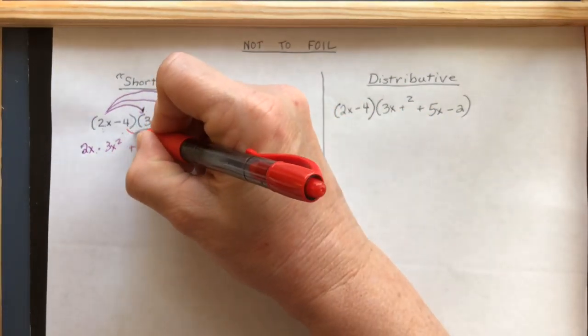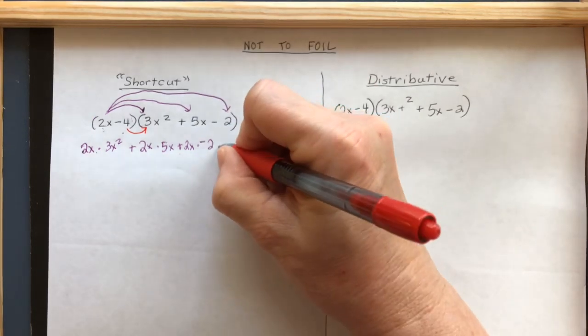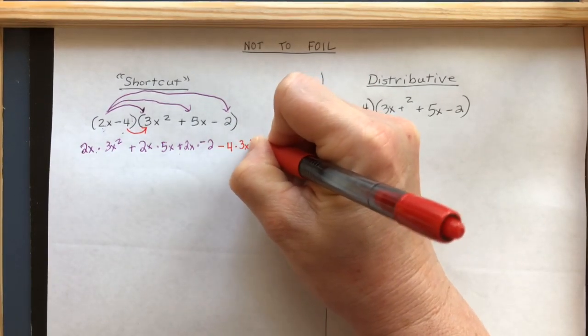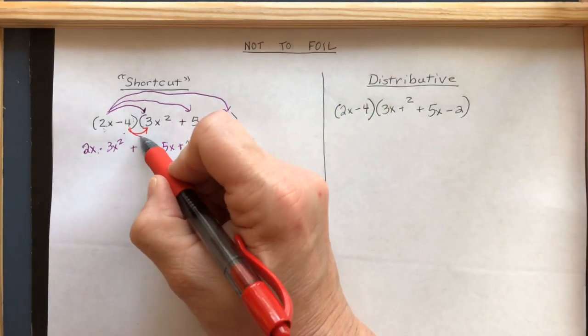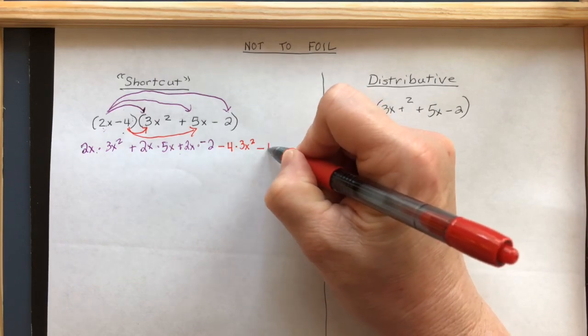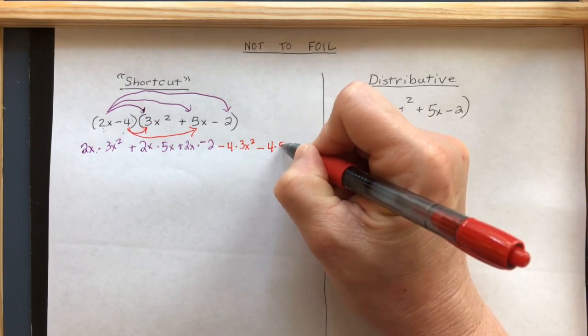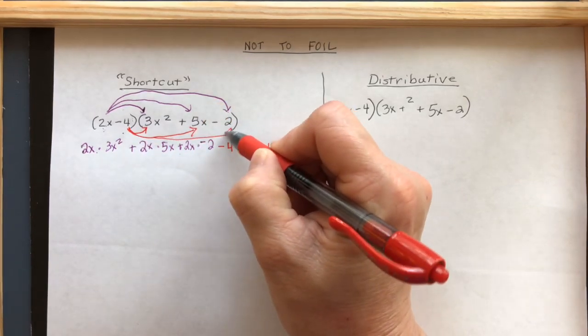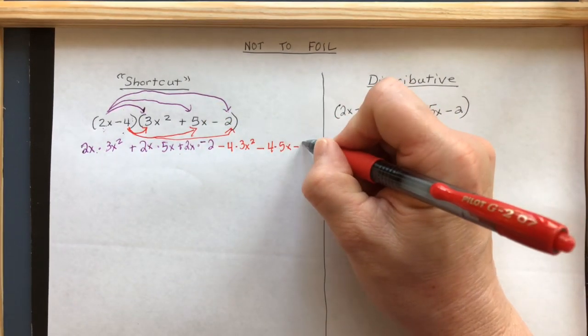That's what I'm going to do. Minus 4 times 3x squared. Now, minus 4 times 5x. Now, minus 4 times minus 2.